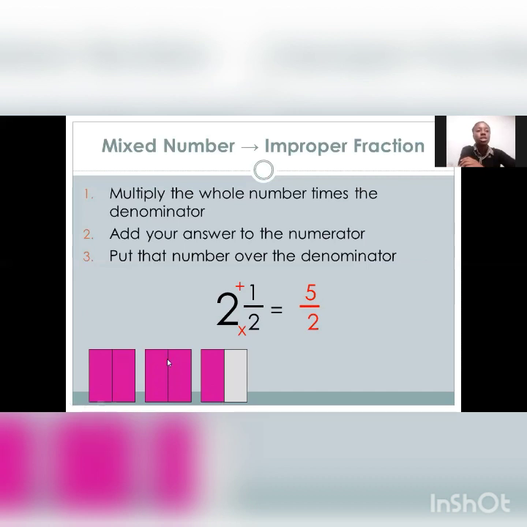These rectangles are cut into halves, equal parts. Remember, this is fully shaded, this is fully shaded. So that is our 2, our whole number, and then the shaded part is only 1, and our total of equal parts is 2, so 1 over 2.